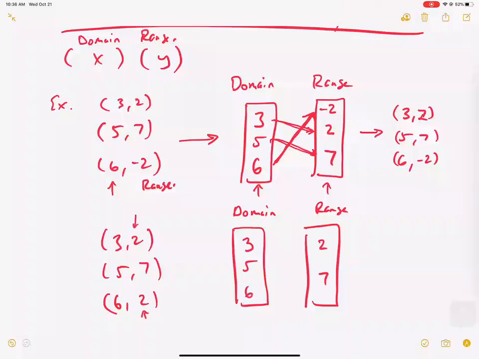There's only 2. So if I buy 3 for dinner, it would make me feel a happiness of 2. If I bought 5 for dinner, it would give me a happiness of 7. But if I buy 6 for dinner, this would give me a happiness of 2 again. So looking here, which one should I buy? I should probably buy 5, right?